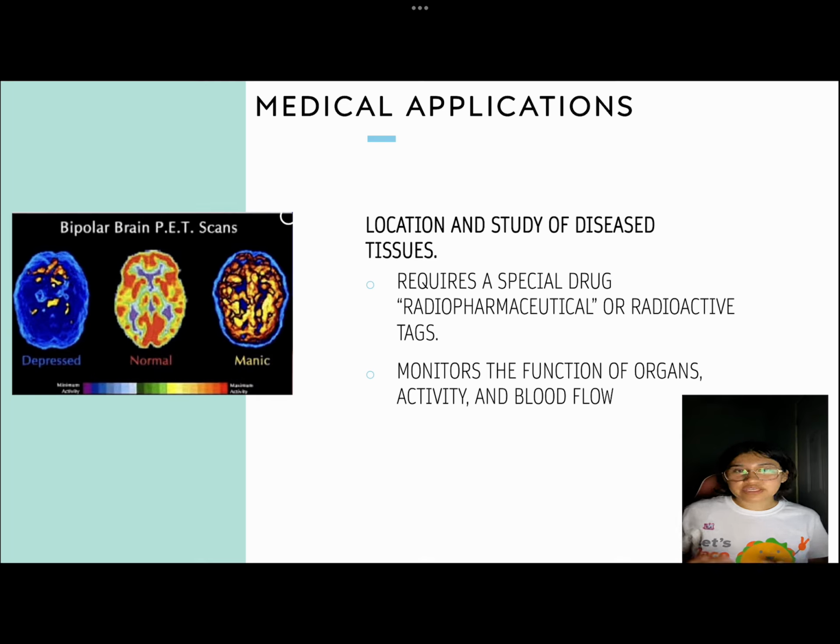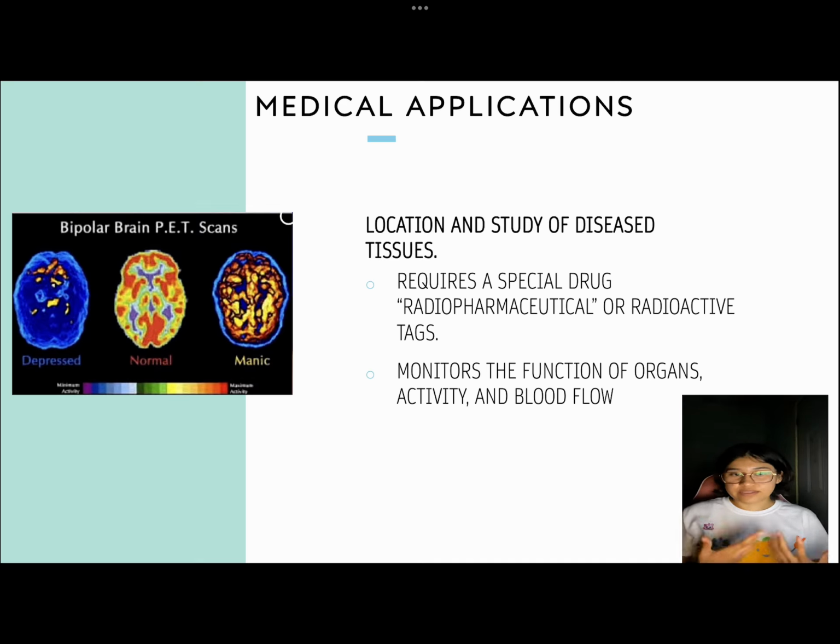When this drug enters the body, whether via the bloodstream or ingested, it tends to concentrate in inflamed regions of the body. It's also known that cancer cells absorb more of this substance. These radiopharmaceuticals are also called radioactive tags because they allow doctors to track the movement of drugs in the body.